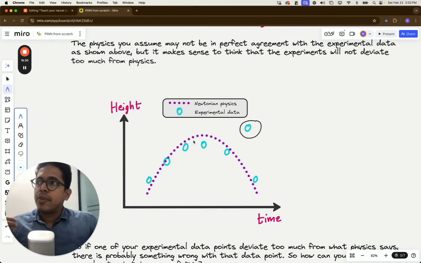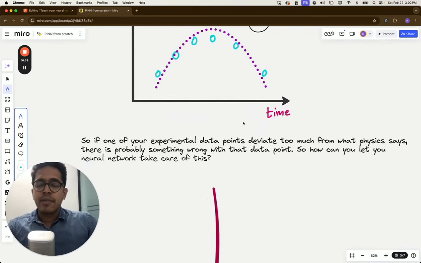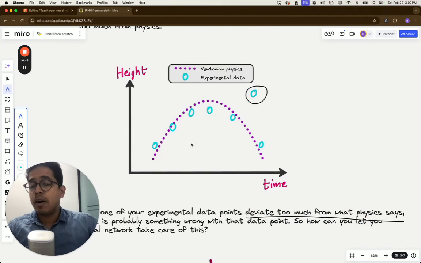If you make predictions too far away from physics, then essentially you are violating something, right? So it would be very good if the neural network could not deviate too much from what the physics says, meaning you somehow penalize the neural network whenever it makes a prediction too far away from this dotted line.